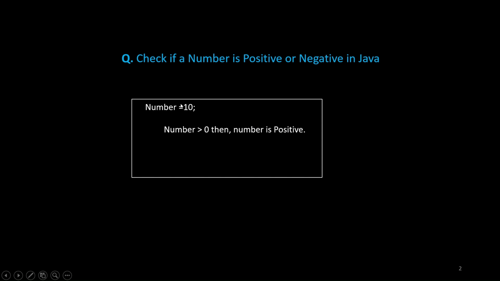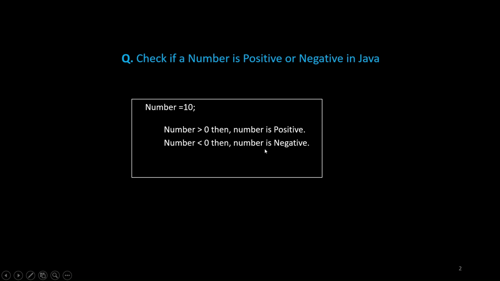What if our number is greater than as well as equal to 10? Then that condition should also say the number is positive. The second test case is what if the number is less than 0? This is the case when the user gives the input minus 10 or other negative values.